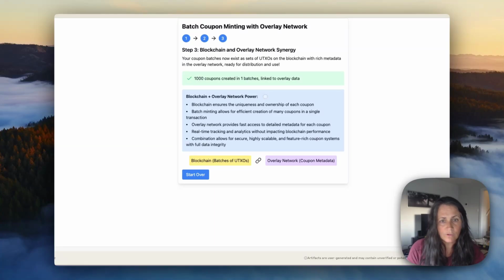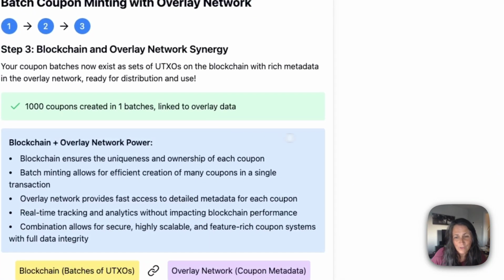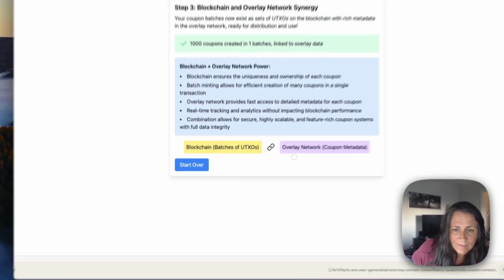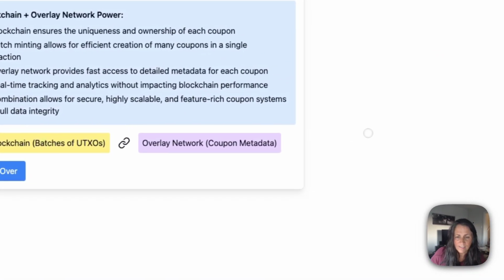So it ensures the uniqueness and ownership of each coupon. It allows for efficient creation of many coupons in a single transaction. The overlay network provides fast access to detailed metadata for each coupon. You can see here that the blockchain and the overlay network are locked together.